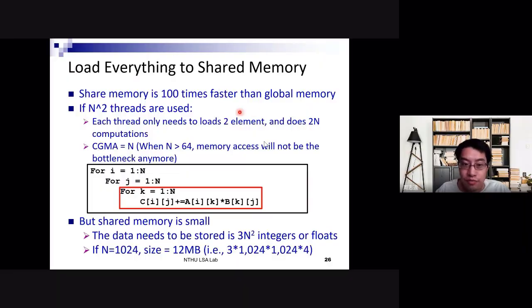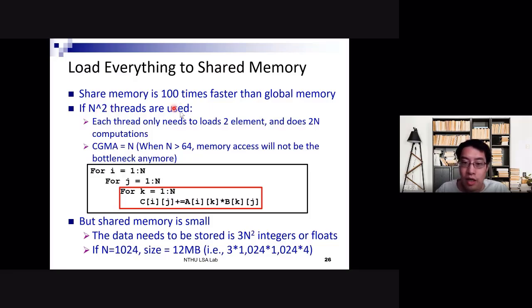For each thread, it should help to move 2 elements from the global memory to the shared memory, because you need to move A and B to the shared memory, because you have 2 matrices. So each thread here needs to move 1 element from each matrix, because we have n squared threads to move a matrix with n squared elements.